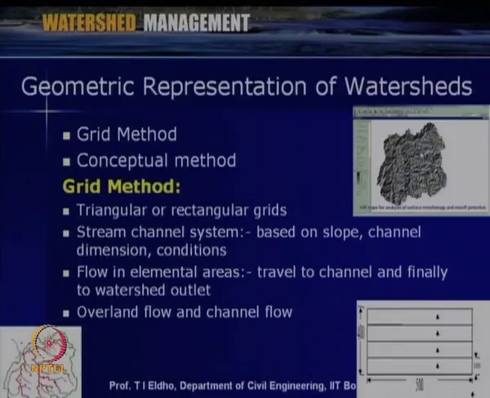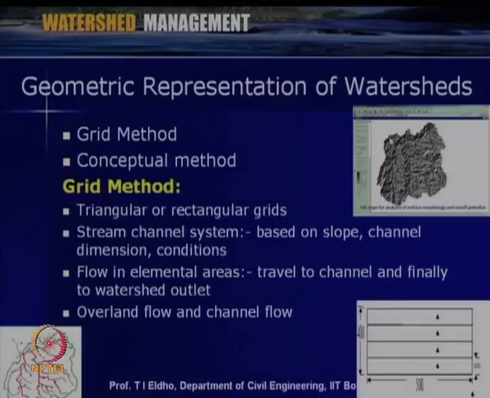As we have seen, in watershed modeling we have to consider the overland type flow and the channel type flow. So, for the stream channel system we have to deal with the slope, channel dimensions and conditions. In the grid we can use the triangular or rectangular grid, and the flow in elemental areas, like if this is the rectangular grid which we consider, travels from one element to another element, to the channel and finally to the watershed outlet.